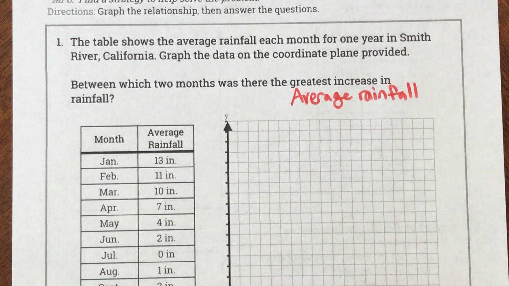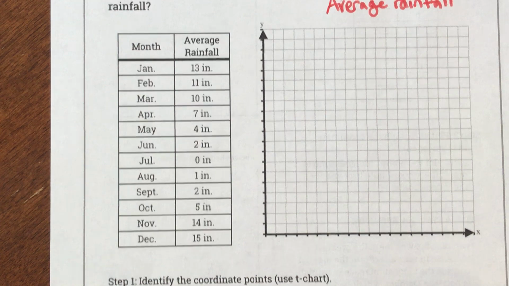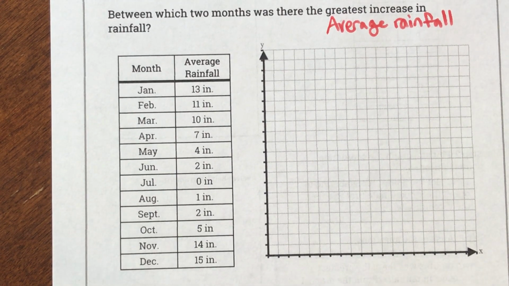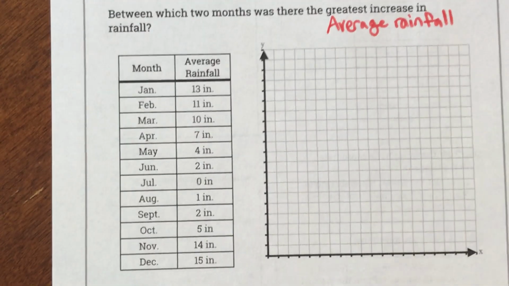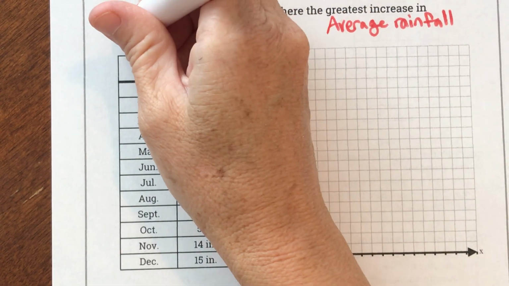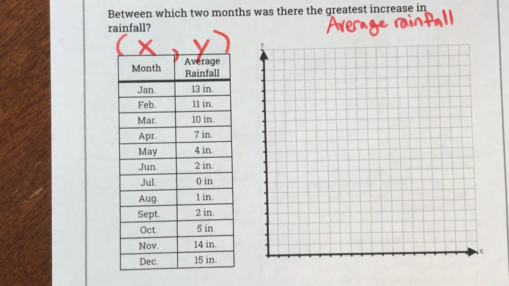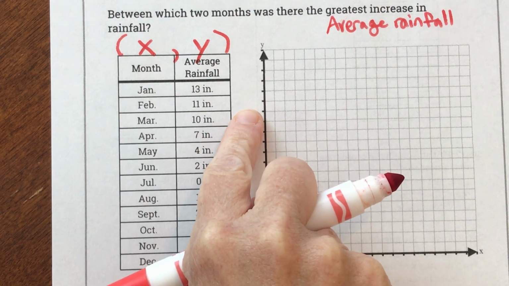Okay, now what I notice is they don't give me my ordered pairs like we've seen in the past. They give me this data table, this table full of data. Now, what I'm going to do with this table of data is I know that my ordered pairs are given to me in the XY form, and that's actually what these are. These are going to be my XYs.